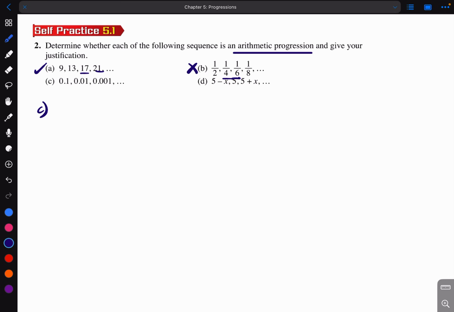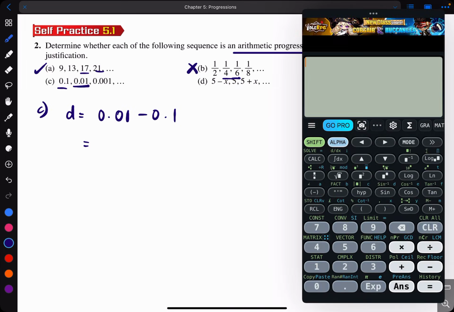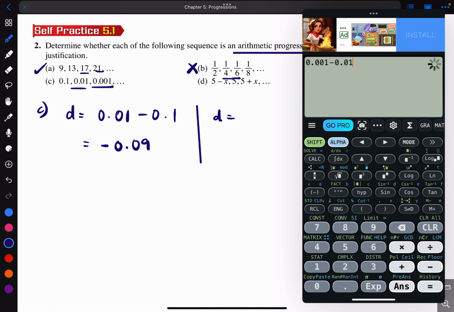Okay, let's try C. 0.01 minus 0.1. We get negative 0.09. And then 0.001 minus 0.01.